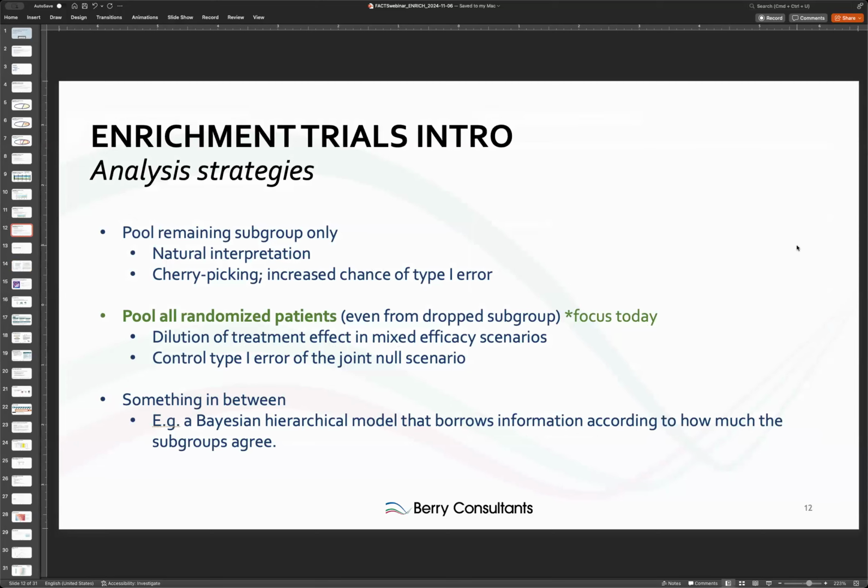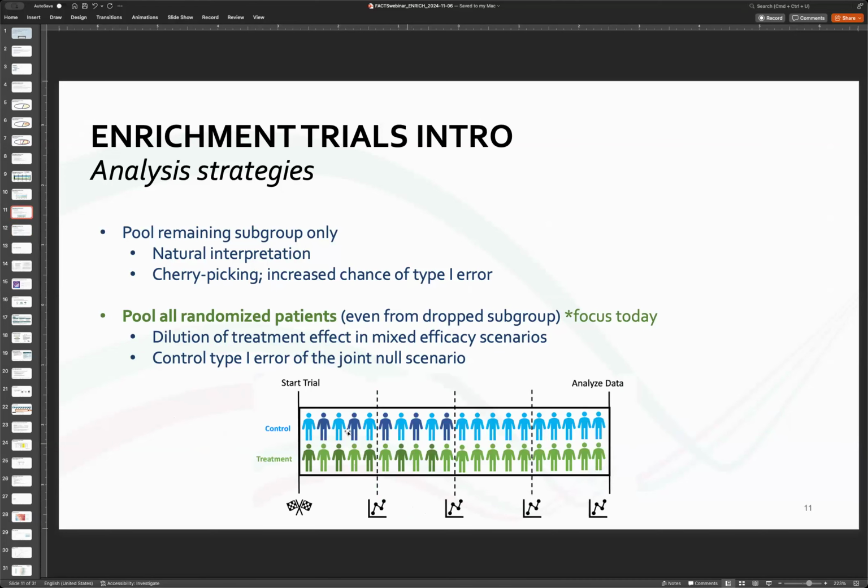Yeah, that's a good question. So the impact on type 1 error can be more substantial or less substantial, depending on what happens in the trial. What we find is that if you cherry pick a really small subgroup, so let's say in this picture, subgroup A was 25% of your prevalence, and subgroup B was 75% of your population. And we pick subgroup A and we do it late in the trial. That can have a larger impact.